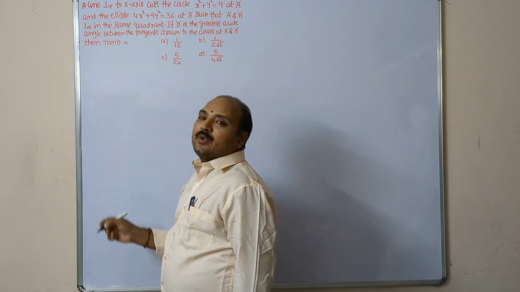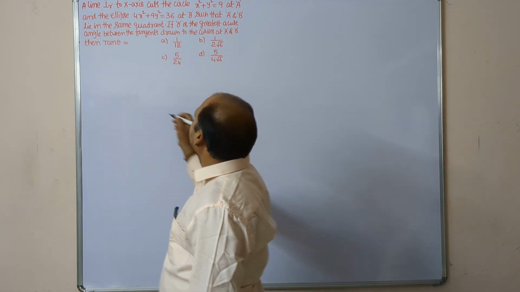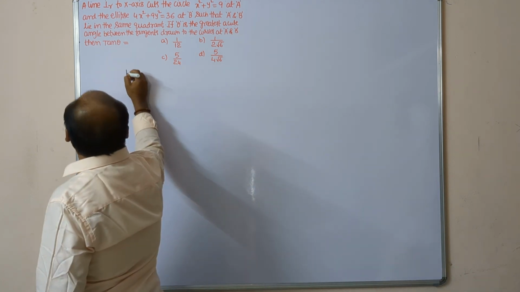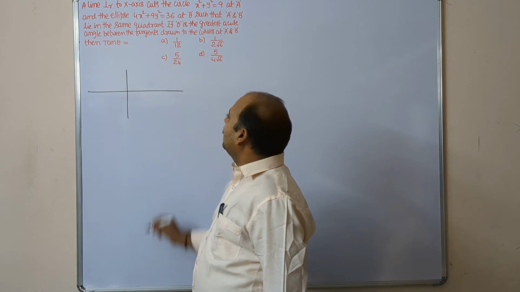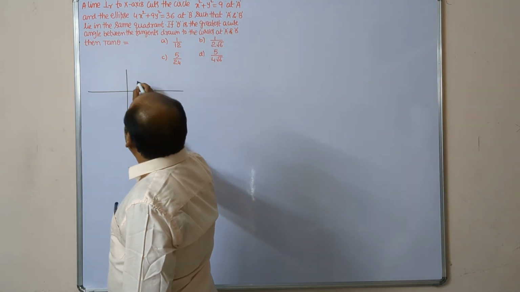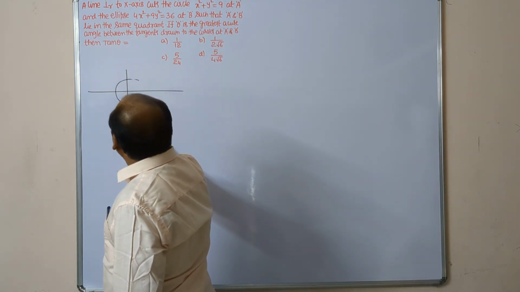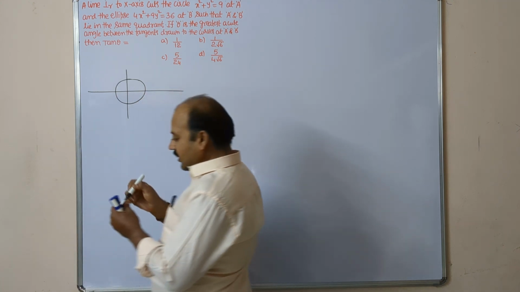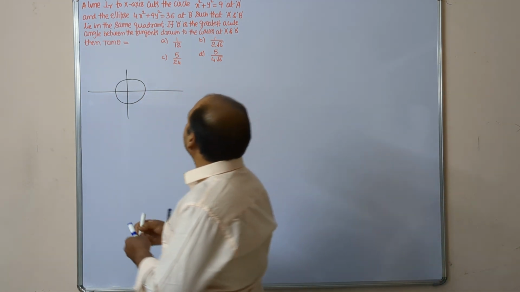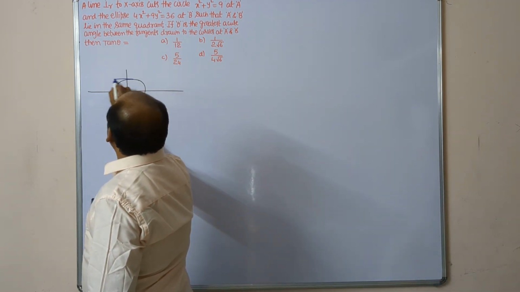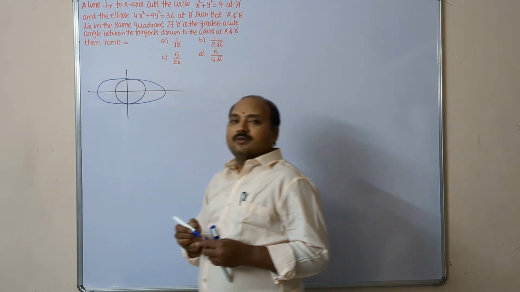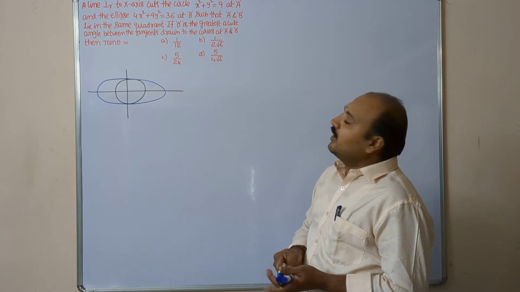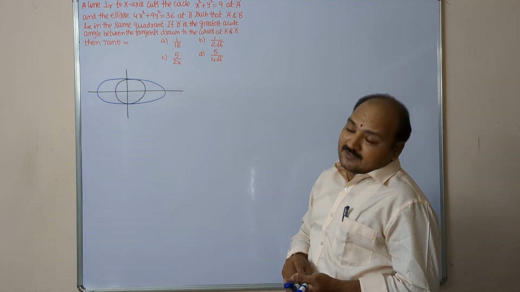So, perpendicular to x-axis. Draw the figure of x-axis and y-axis. According to this one, this is the circle equation, and the other is the ellipse equation. Both the centers are same.